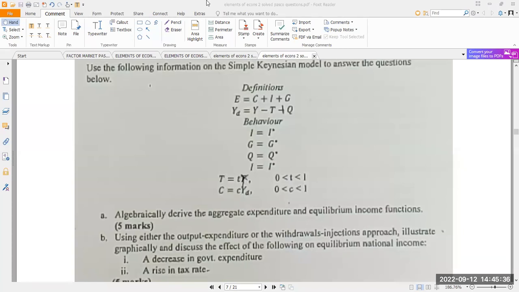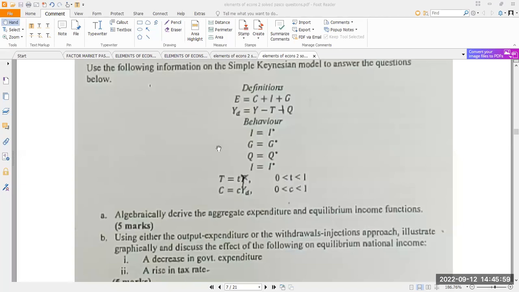Then consumption. Yes, please. I will share the documents and the video with you. Okay. And then consumption is equal to marginal propensity to consume times disposable income. Okay, so this one too, for the consumption function, there is no autonomous consumption.